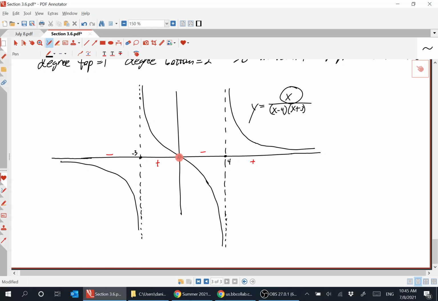We cross the x-axis at x equal to 0, because the polynomial on top is 0 at x equal to 0, and the bottom is not 0. It's negative 12. Using these 3 points, negative 3, 0, and 4, we check whether the rational function is positive or negative on those intervals, and we get those values there.